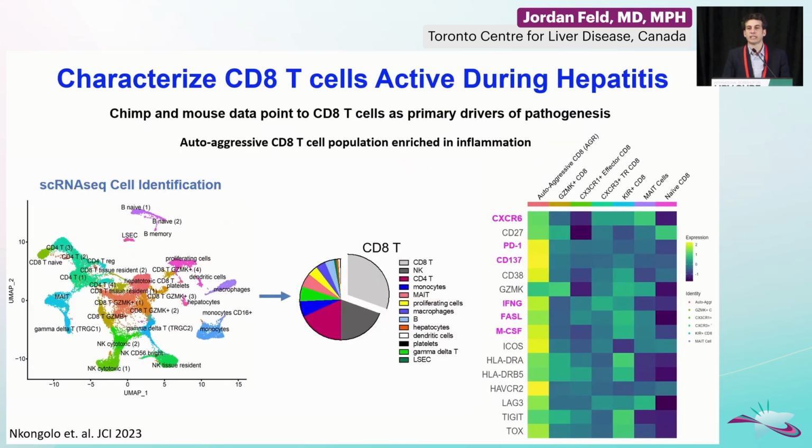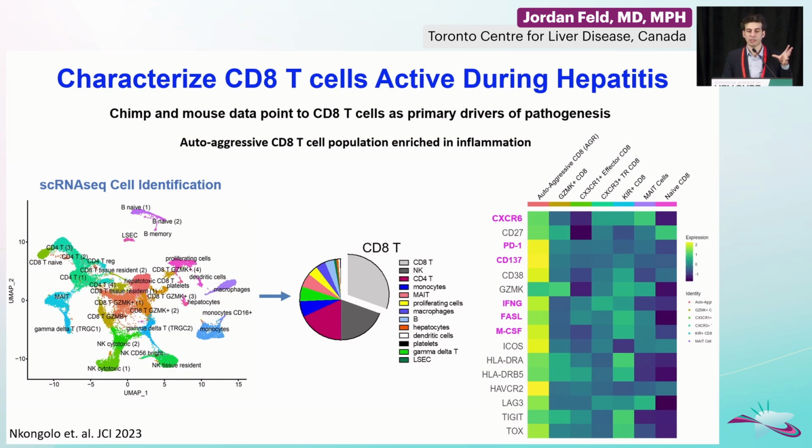So first was to characterize the CD8 T cell population, which had been shown in previous studies was a major driver of disease pathogenesis. And Shirin Kongolo, who's now back in Germany, in Heidelberg, did this work with Adam, really showing this autoaggressive CD8 T cell population.